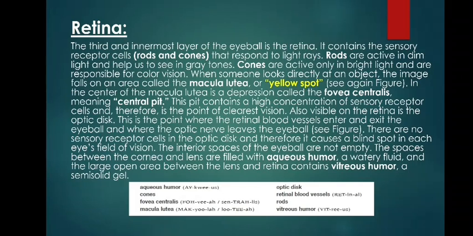At the center of the macula lutea is the depression that is called the fovea centralis. The fovea centralis, or what we call the central pit, contains a high concentration of sensory receptor cells, therefore it is the point of the clearest vision.